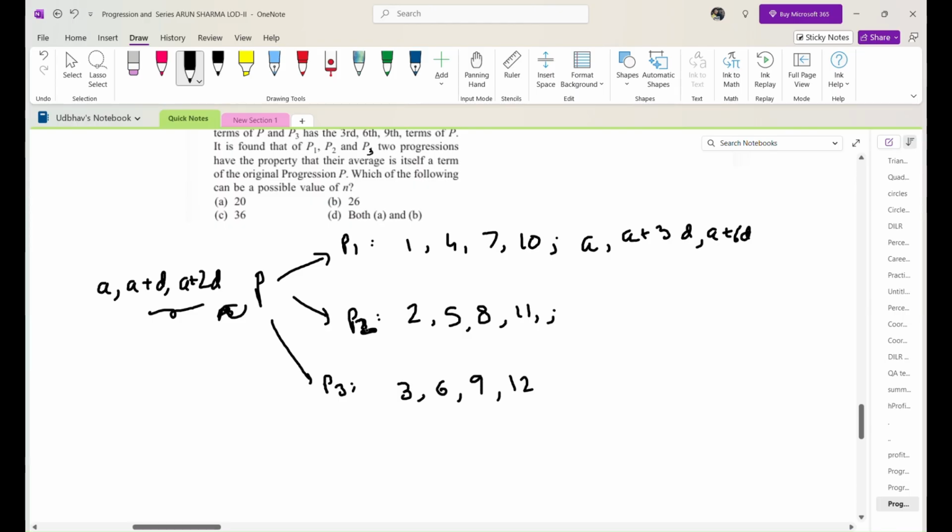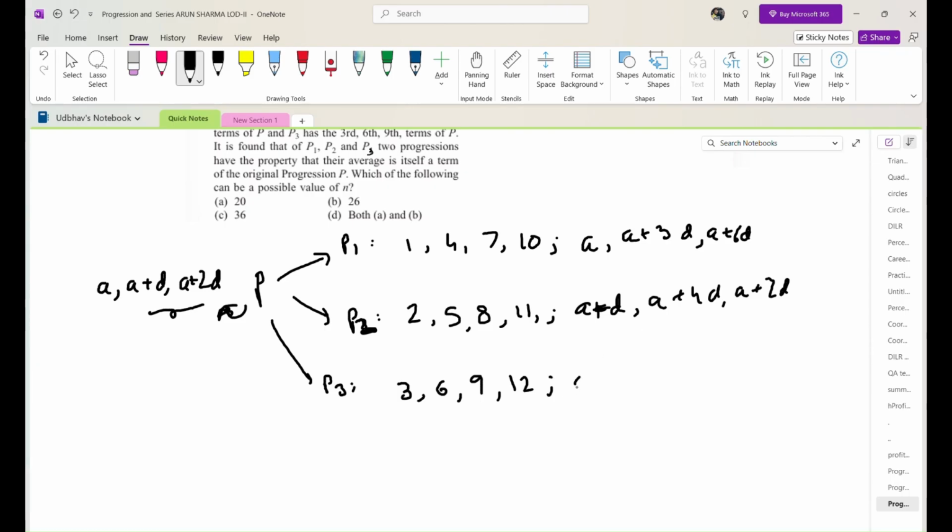P2 starts from the second term, that is A plus D, then the fifth term A plus 4D, then the eighth term A plus 7D.